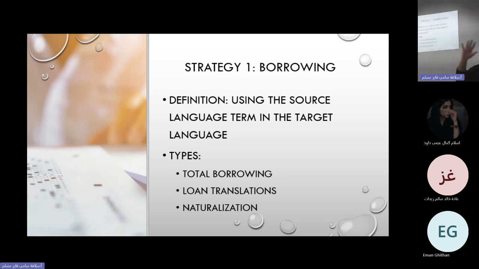We have total borrowing, where the word is spelled, spoken, or pronounced in English, and we use it in Arabic. Loan transfer, it's a type of borrowing, but we transfer it to the phonological system of the Arabic language. And naturalization, we make it into an Arabic word.